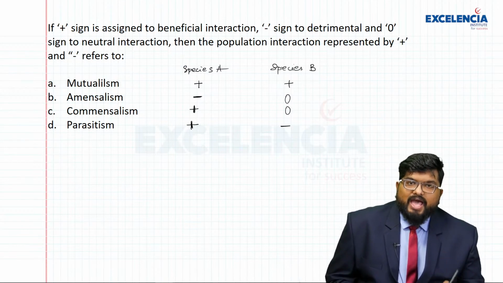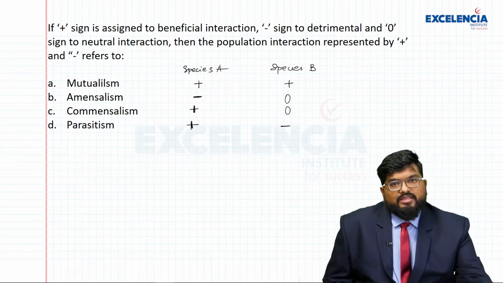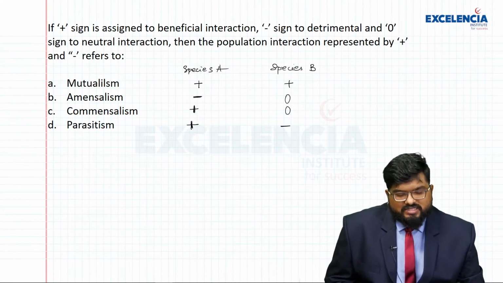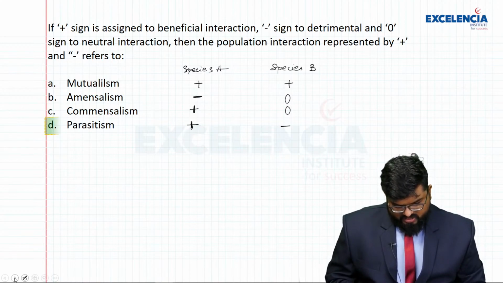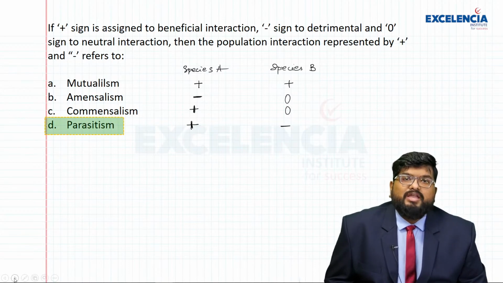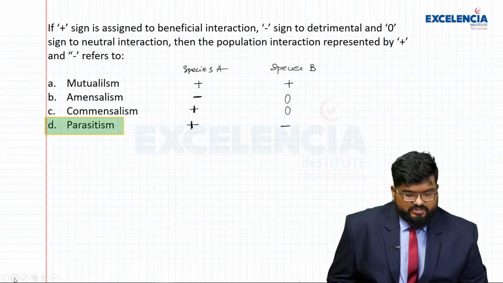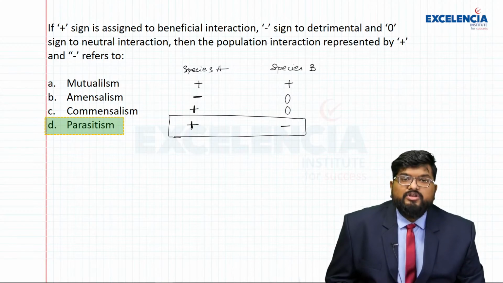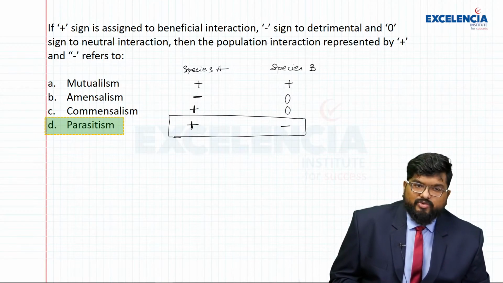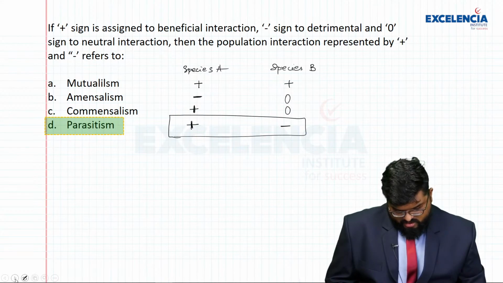The parasite gets the nutrition or the benefits by taking it from the host. So hence parasitism is what will be represented by the plus and minus sign. So this is how different population interactions will be noted.